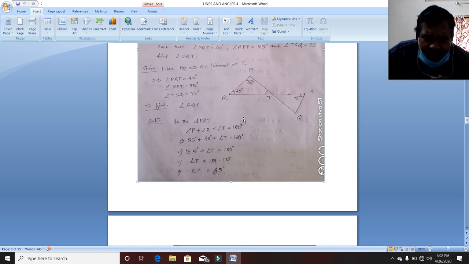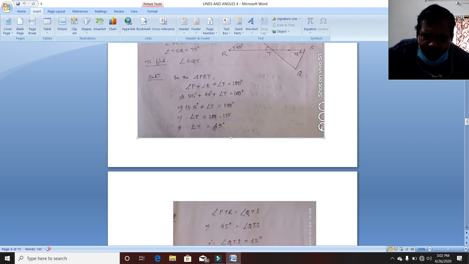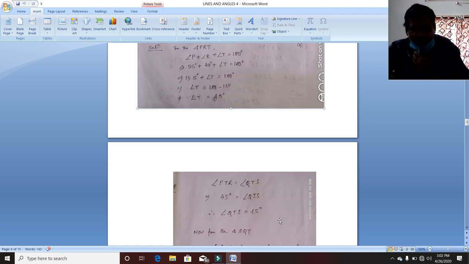Angle PTR is equal to what? QTS. These two are vertically opposite angles, so the value of this angle will be the same as this angle. We know that vertically opposite angles are equal. I proved it in my earlier class. So its value becomes 45 degrees.